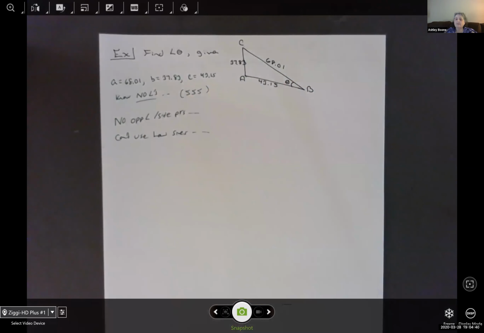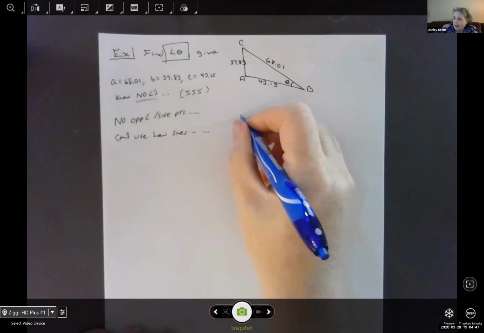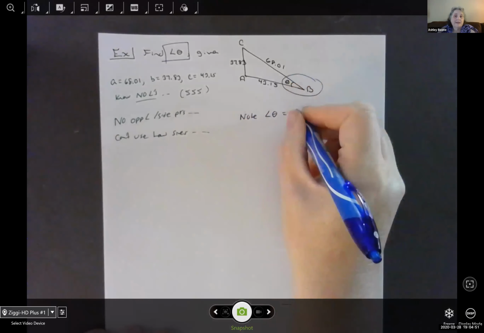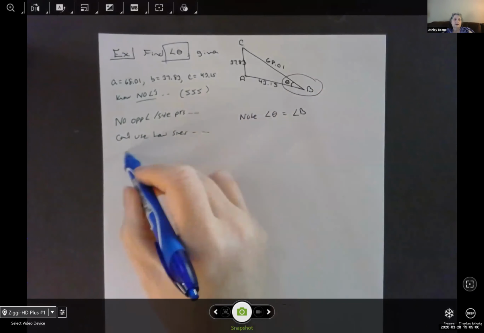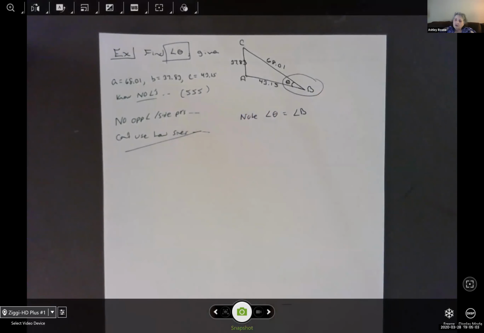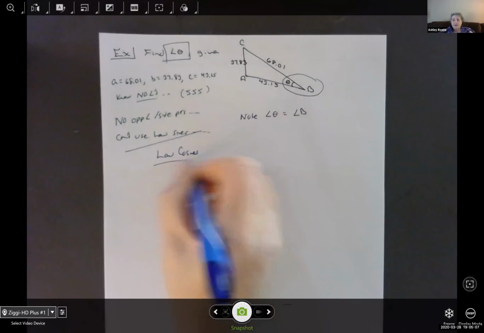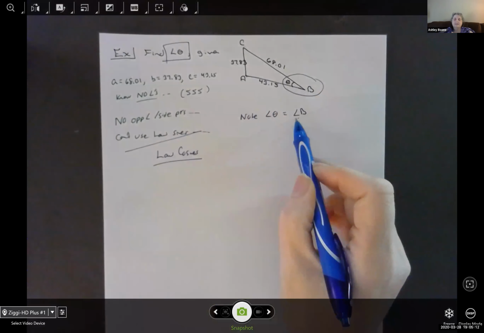What are we wanting to find? We're wanting to find angle theta. Notice that angle theta is the same as our angle B, okay? So anytime I want to find an angle and I don't have an opposite angle side pair, I'm going to use the version of the law of cosines that has the angle closest to being alone.